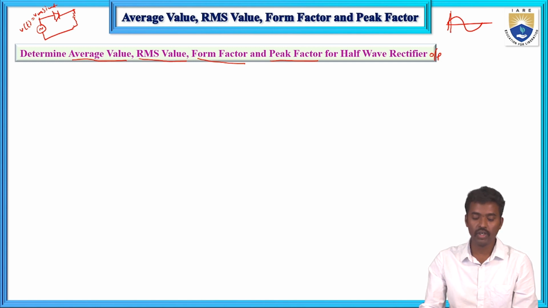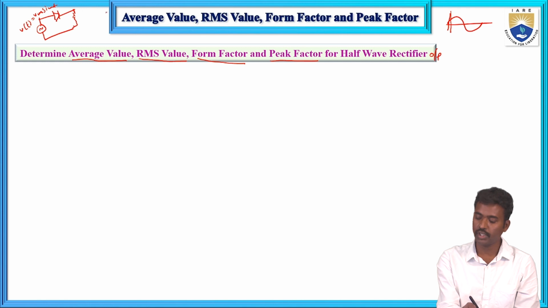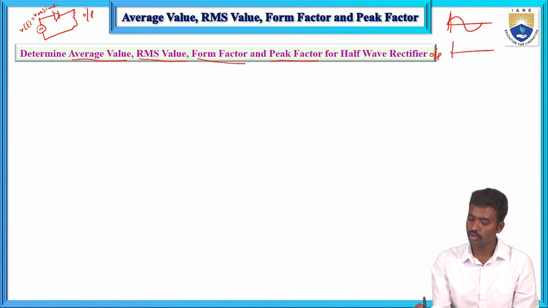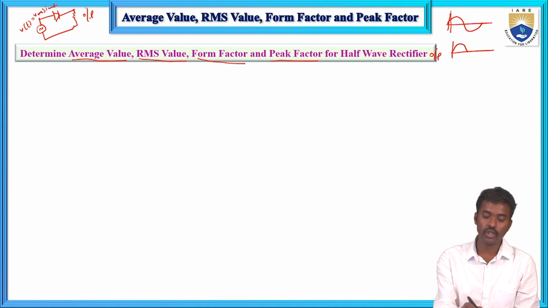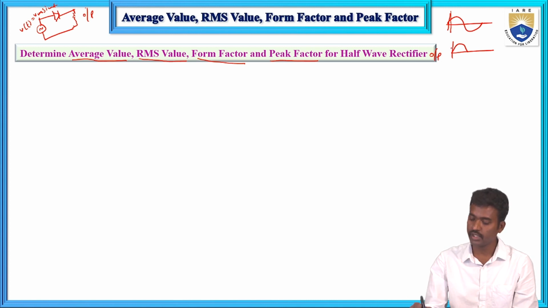For a half wave rectifier, the output voltage is as follows. In the positive half cycle, the diode is in forward bias, and the output voltage follows the supply voltage from 0 to pi.